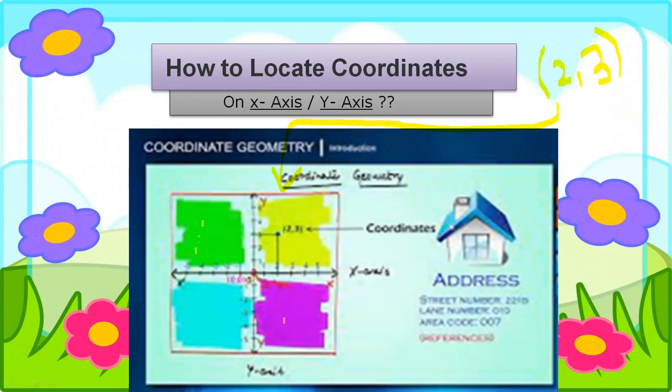Just like you purchasing your home according to your demand of that block. Okay, so how are they selected? You are talking about the numbers. So if I am giving you any number, it's not necessary 2 and 3 always. You can write any number by separating with a comma.